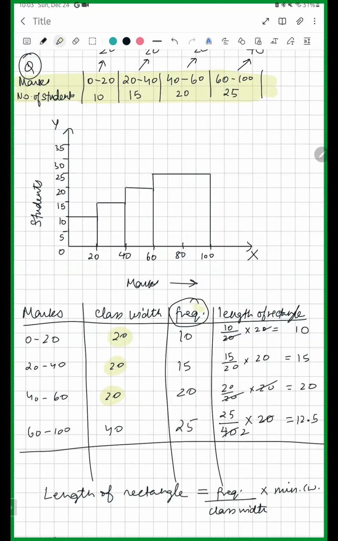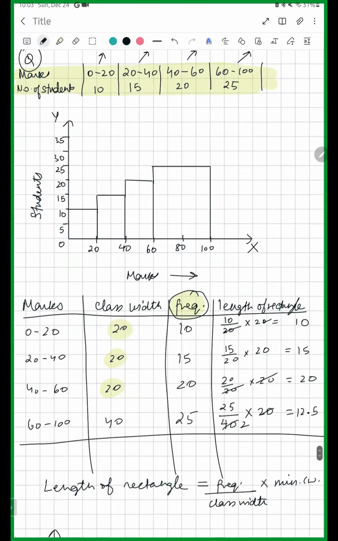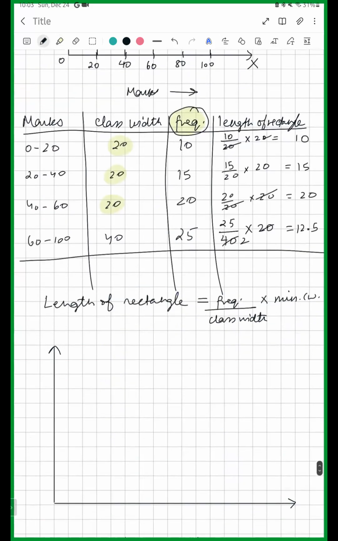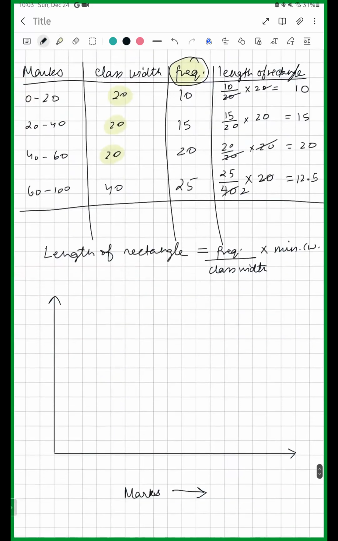Number of students per 20 marks interval, because the minimum class width was 20 marks interval. The one which we took as the minimum class width, that we will write over here. So: number of students per 20 marks interval. This is your y-axis.